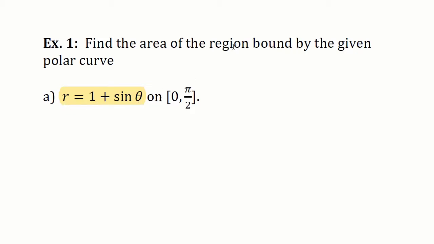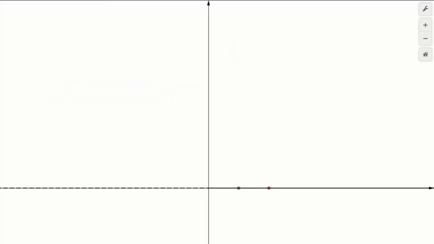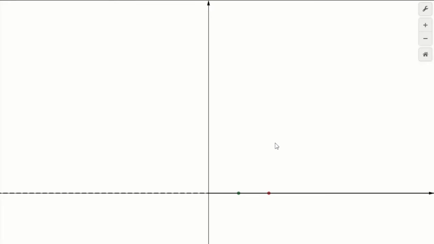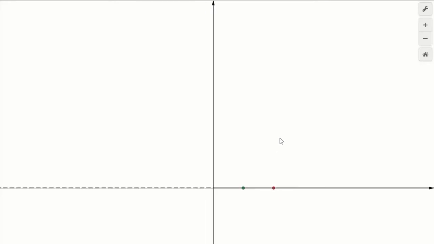And then we want to find the area of the region bounded by this curve on the interval from 0 to pi over 2. Okay, and so now let's look over to my graphing calculator with decimals right here on the computer screen, and let's first look at the curve itself. Let's first look at the polar curve.